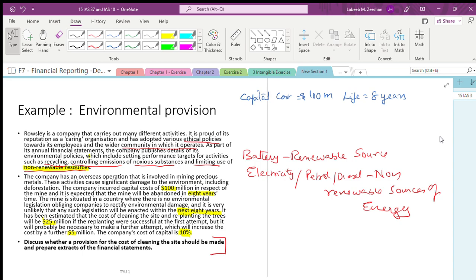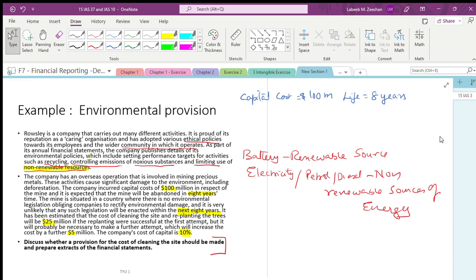The mine is situated in a country where there is no environmental legislation obliging companies to rectify environmental damage, and it is very unlikely that such an obligation will be enacted for how many years? Next 8 years.